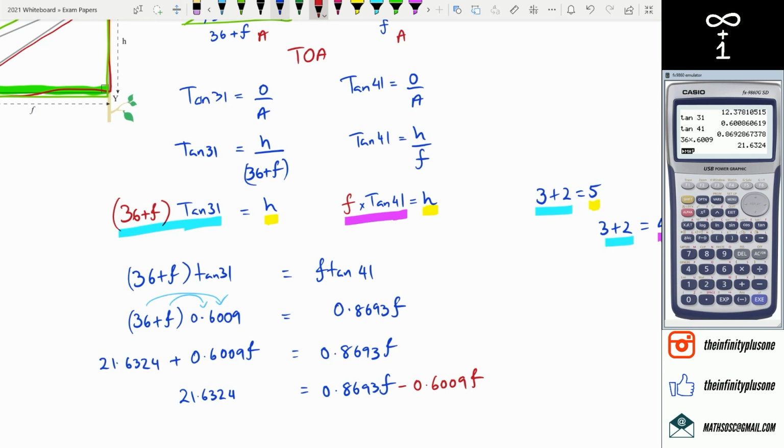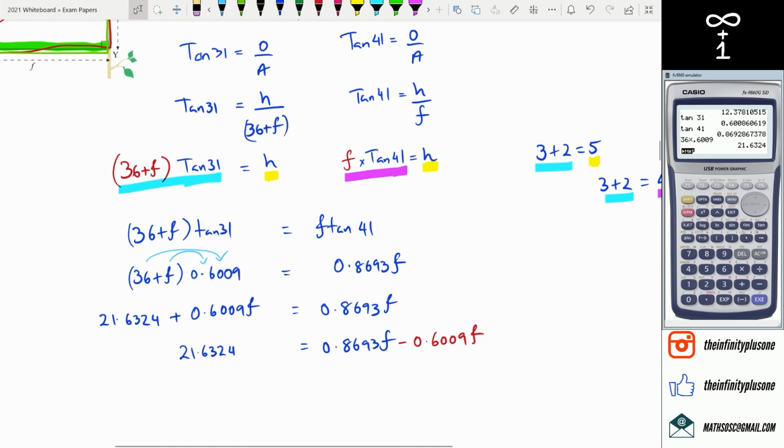As I said, it's just an annoying little algebraic question, but this is what we can expect at excellence level in geometric reasoning. So we've got 0.8693 minus 0.6009, which gives us 0.2684F.